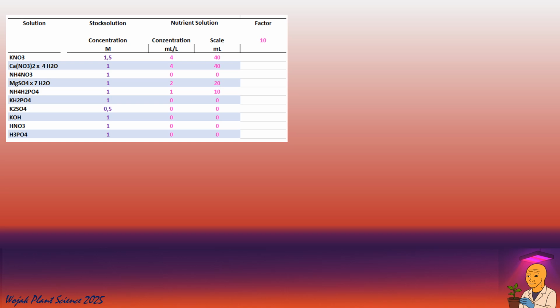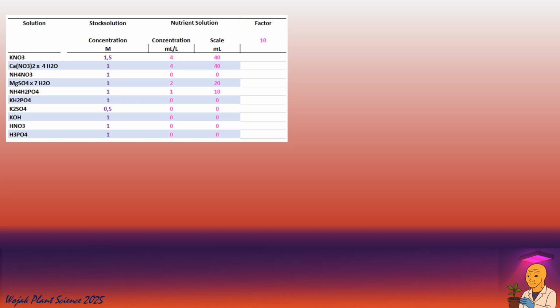So with potassium nitrate, you can use 1.5 because you require a lot of that, and then you don't need so much. I think you could do that with calcium nitrate too, but on the other hand, you don't want to keep solutions too long. But you can do whatever you want basically. Normally, nothing happens when you store them in a cool place.